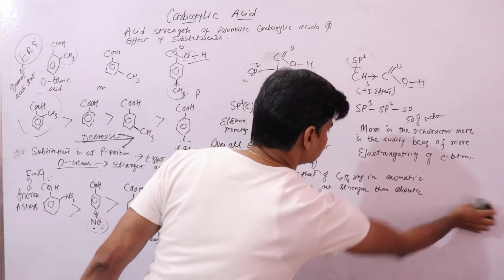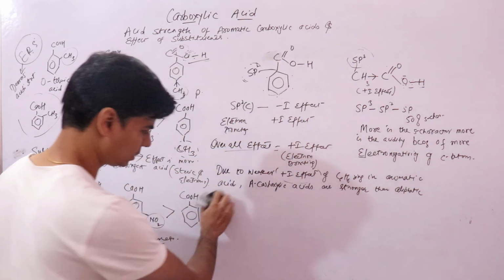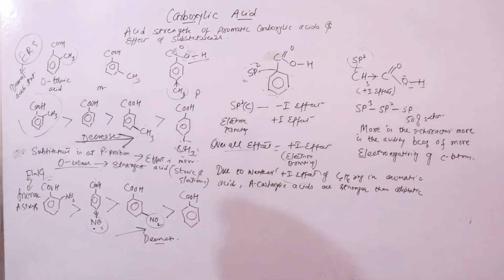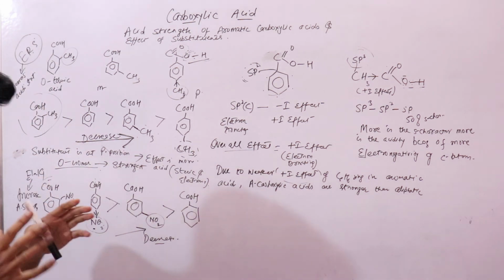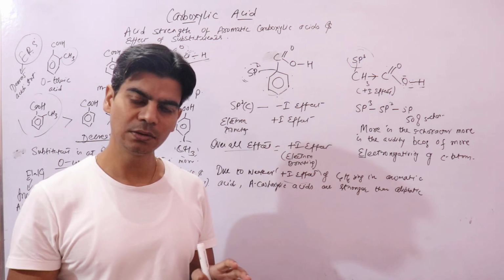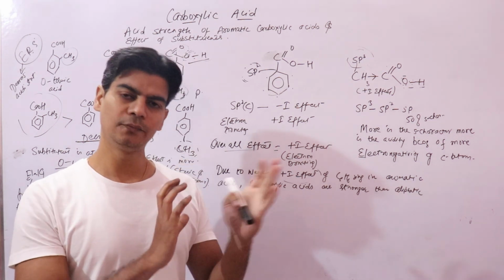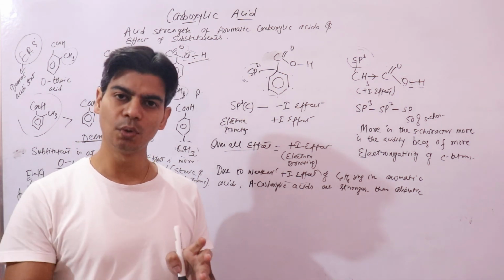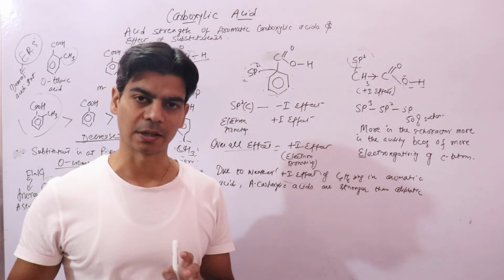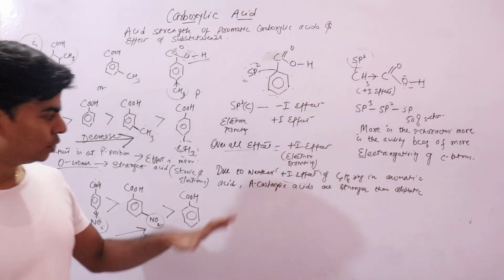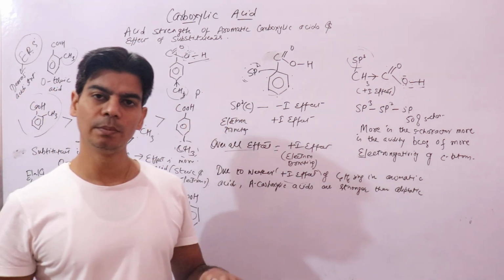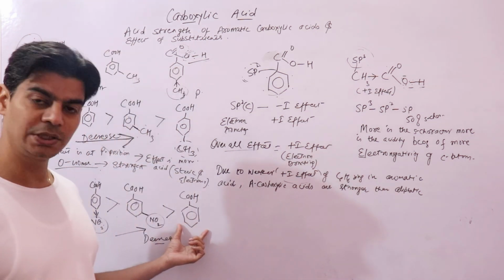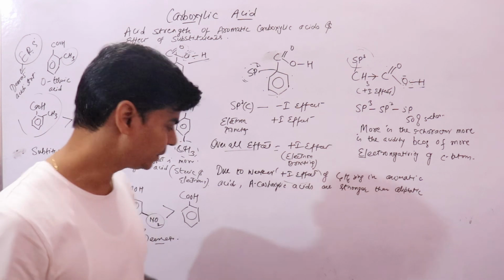So when you have, say, the hydroxyl group, which is an electron releasing group, when it is present at ortho, it would be the strongest acid. When it is present at para, the effect is more compared to when it is present at meta, right? So since the hydroxyl group is an electron releasing group, it makes unsubstituted benzoic acid a weaker acid, right?